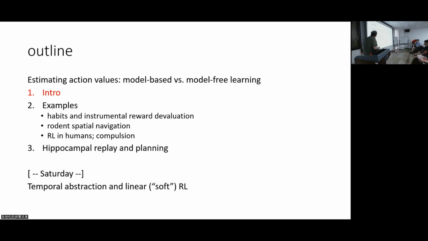Depending on how much time we have, I'm going to talk about three examples that illustrate, in spatial navigation, animal lever pressing and humans playing decision games, this distinction between these two types of approaches to reinforcement learning and why we think the brain uses some of each.